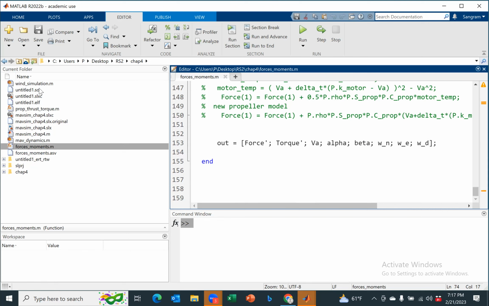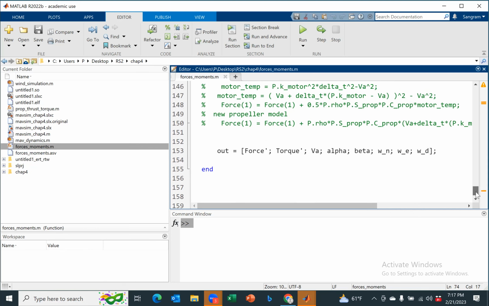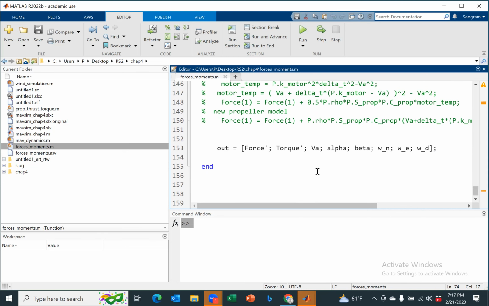If you go to Canvas, there is a zip file with all these template codes. It's MAV for your case. It gets passed as a function argument. You can call it MAV. That won't change the implementation. That will be the same.